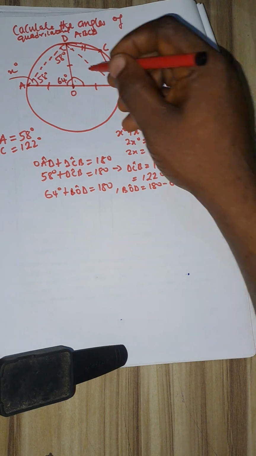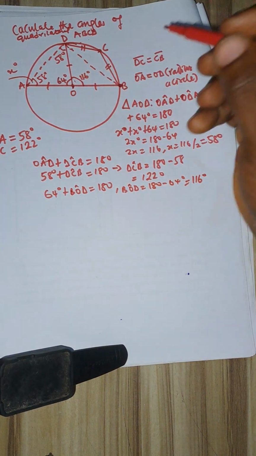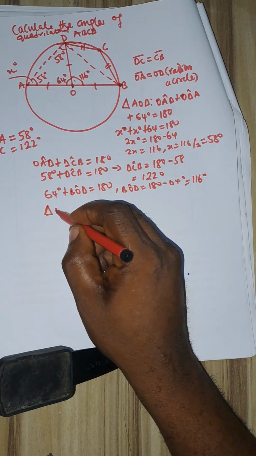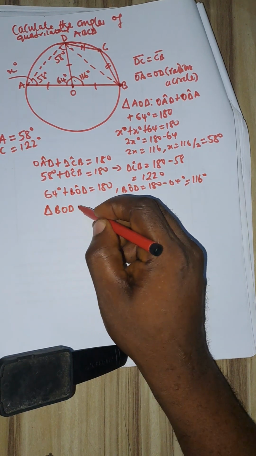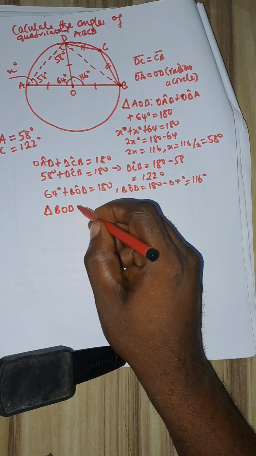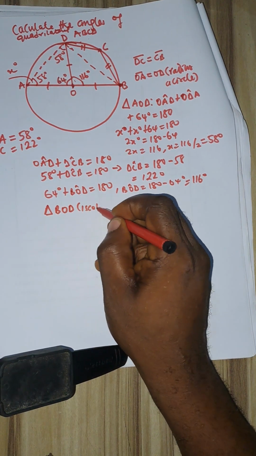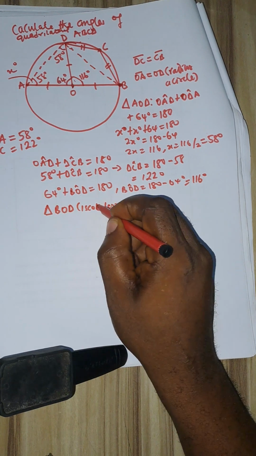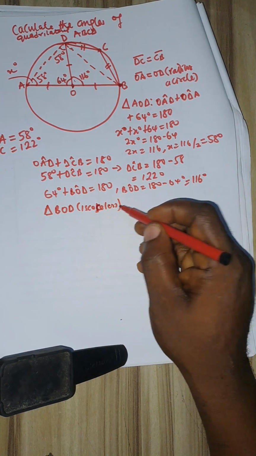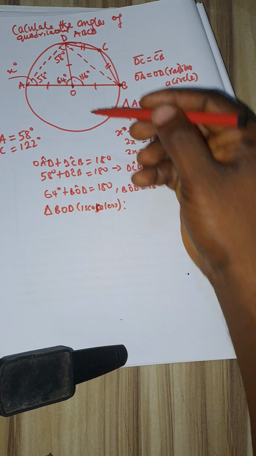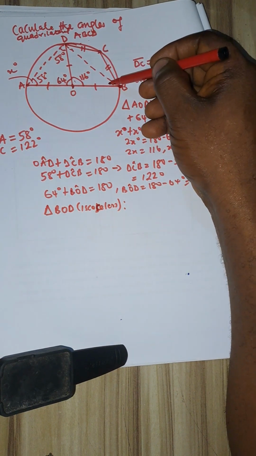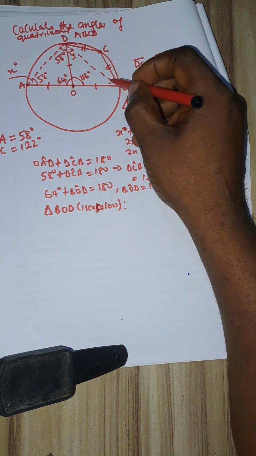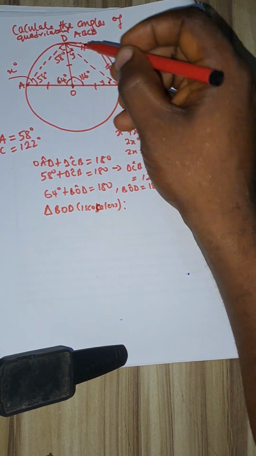Okay, now this is 116 degrees. Now, triangle BOD is an isosceles triangle. Now, what it means is that the base angles are equal. Let me call this one y. Here will be y. Okay.